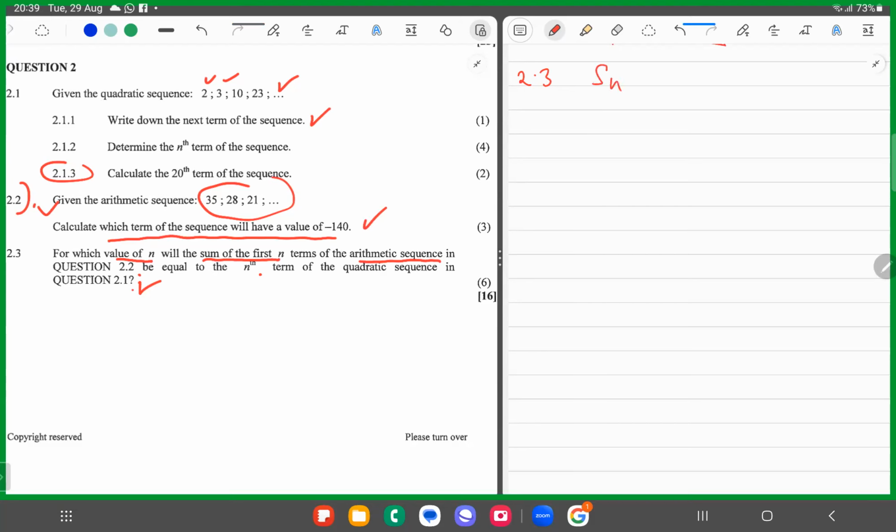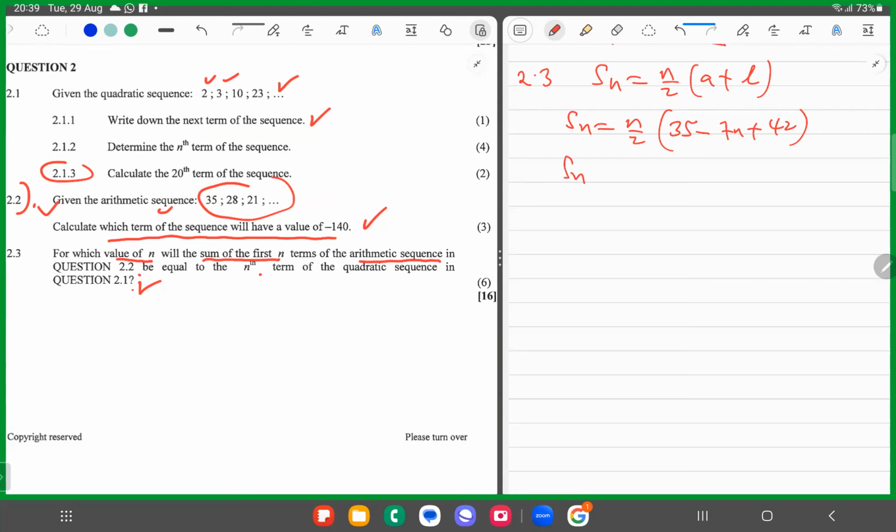So one way to deal with the arithmetic sequence, if you already know the nth term, is that the sum is n over 2 into a plus l. So now what is this? Okay, the first term is 35, what is the last term? It is minus 7n plus 42.